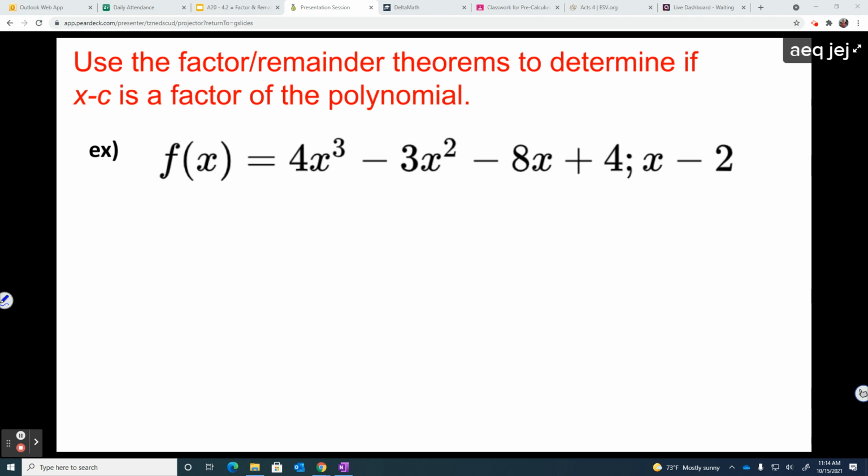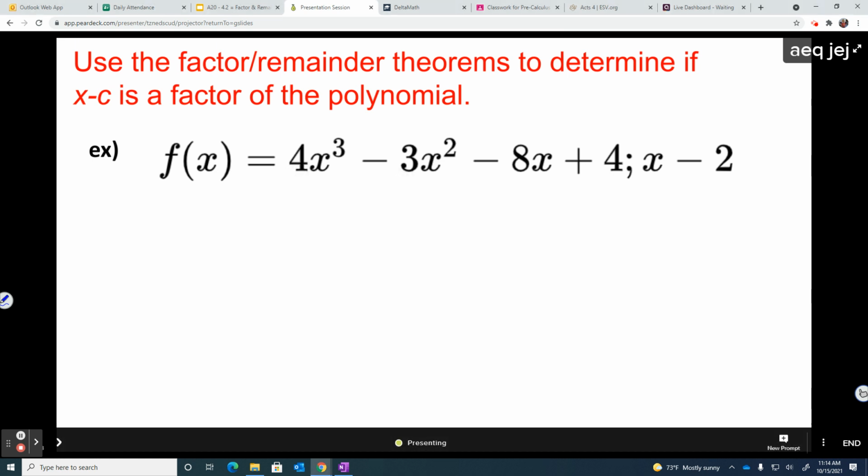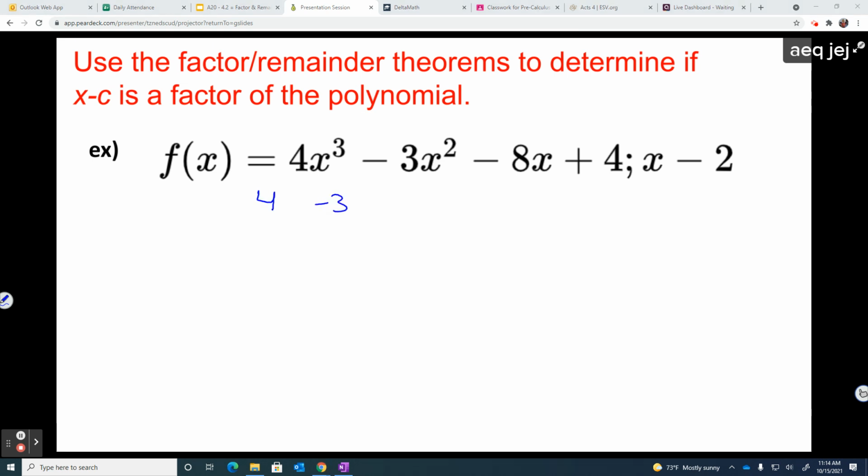So here's how it works. We're going to take these numbers, and we're just going to write them out with a little bit of spacing: 4, -3, -8, 4. And then I'm going to draw this half box, leaving some space in.